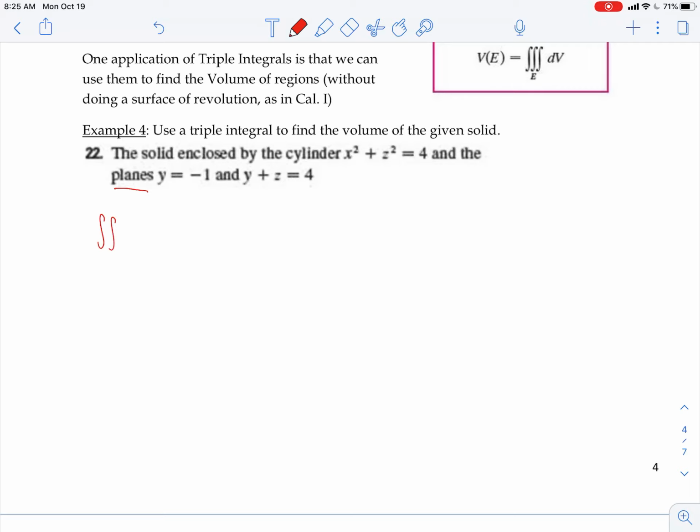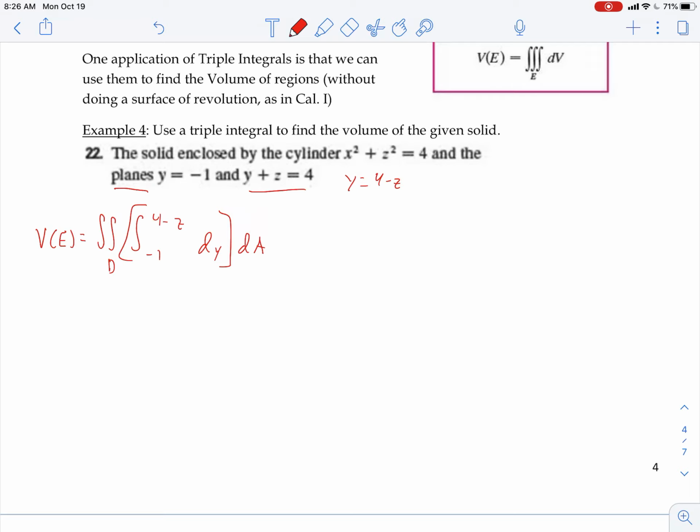So what we can say is, my triple integral is going to be, we'll go ahead and define this as our integral and our double integral for D. We're going to take the first integral first, which we're going to make between -1, and we can solve this equation for y as y is equal to 4 minus z.